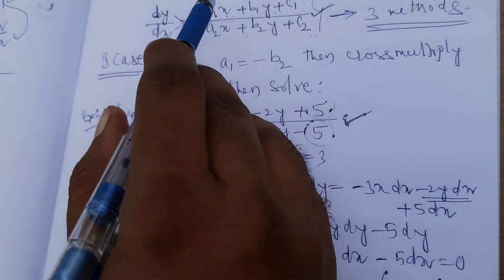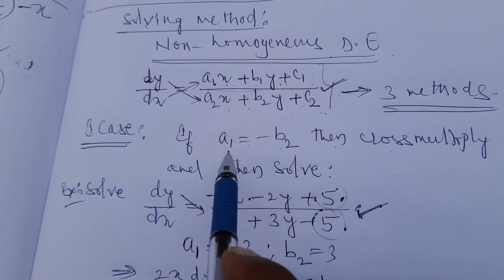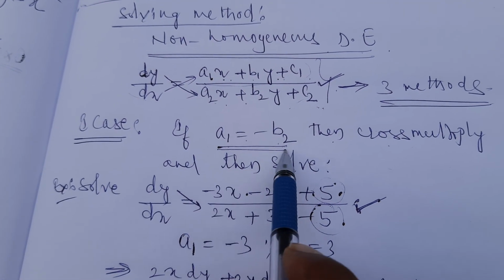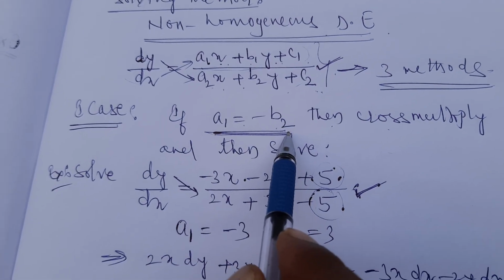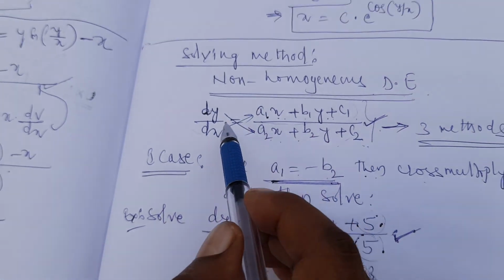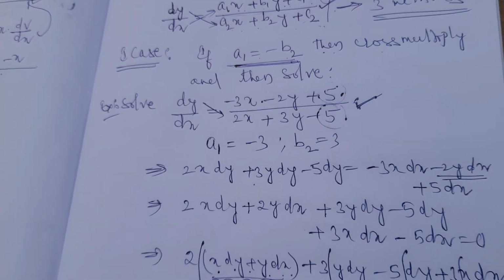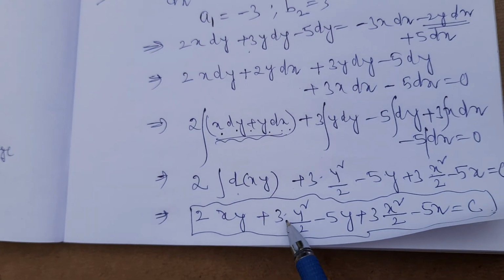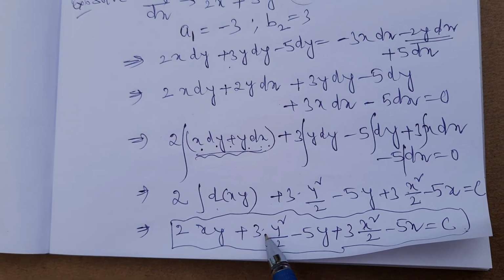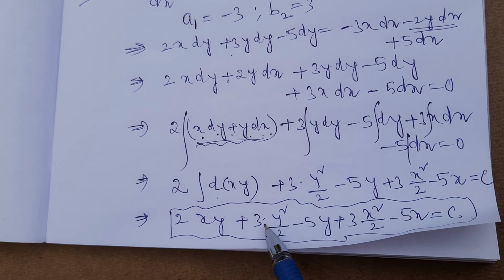So in the non-homogeneous differential equation, this is the first case. What is the first case? If a1 equals minus b2, then directly you can cross multiply, and by cross multiplying you will get the general solution. This is non-homogeneous differential equation case 1, that means the first method.